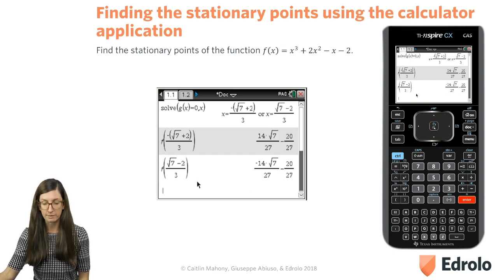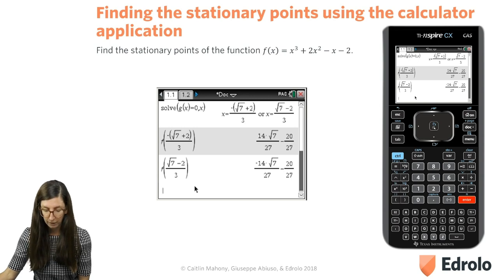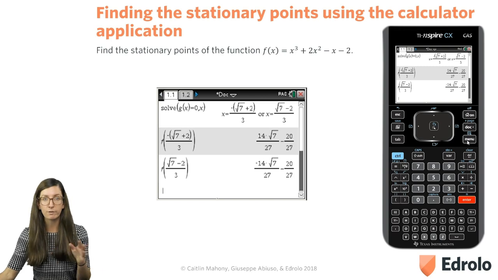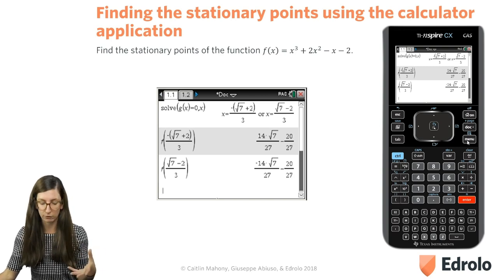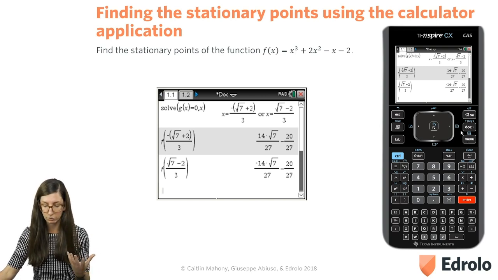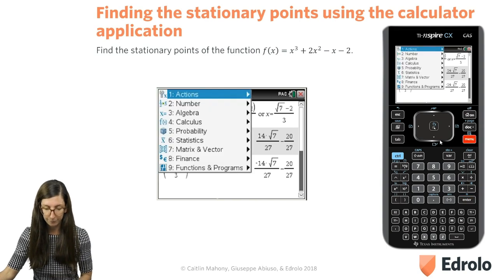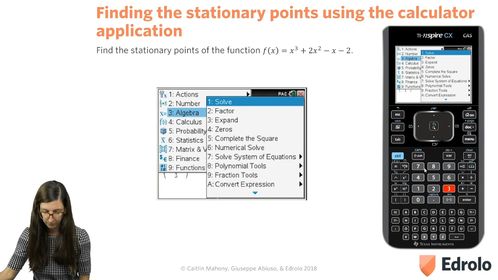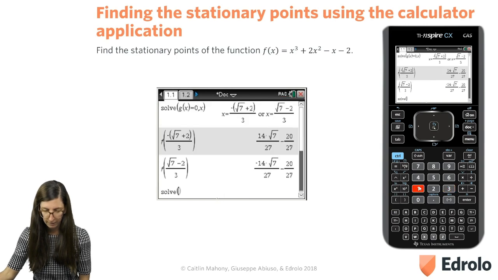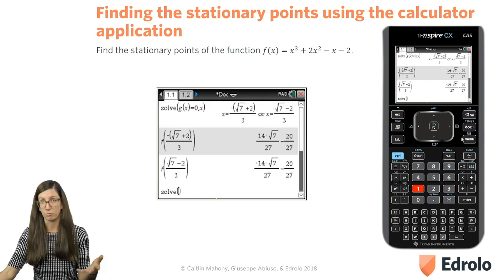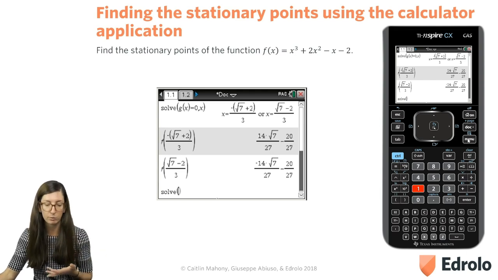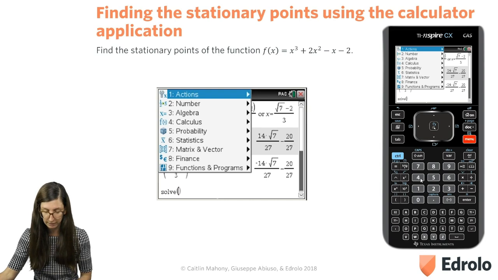There are a few different ways to do this, as I said before. Another one would be, if you haven't defined the g of x from earlier, that's fine. You could do solve again. But this time actually just write, we're solving for the derivative of f. So we grab out that derivative function again from calculus.